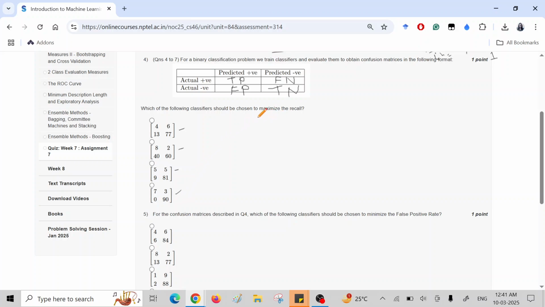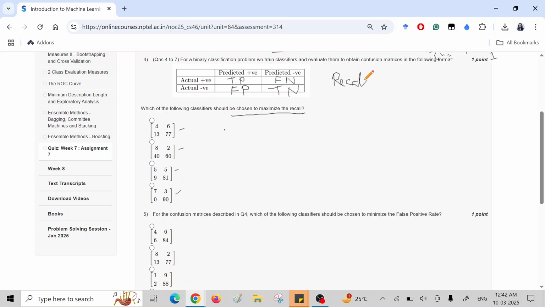Now we need to find out which classifier is giving the maximum recall value, so that I can choose that one for maximizing recall. For that we need to know the definition of recall.